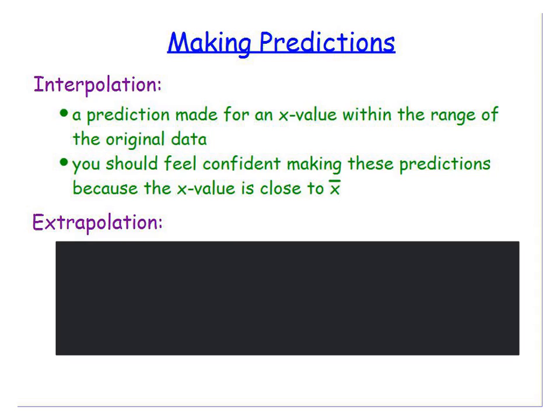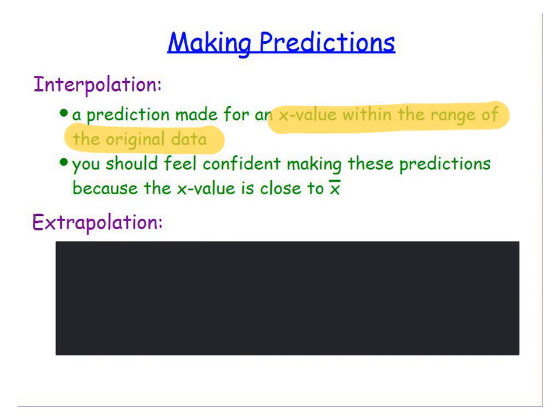Okay, that's a big important key factor here. The x value is within our range of data. For these types of predictions, you should feel confident making these predictions because the x value, that means, is close to the average because it's within our range of data.